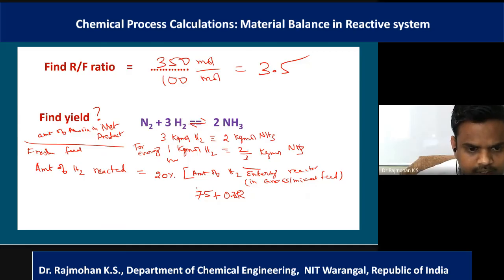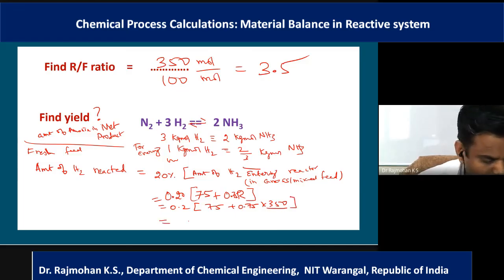Already we have calculated the r value also, right? R value is 350. So you can say this is equal to 0.20 into (75 + 0.75r). You can substitute the value of r, which is 0.2 × (75 + 0.75 × 350). R value we have determined, right? So this simplification will give you this many kg moles.